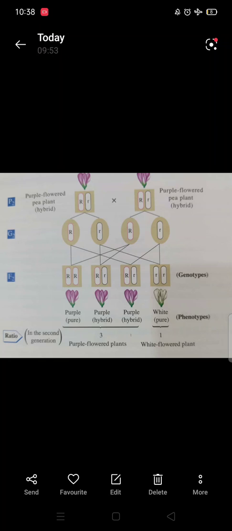Of course not. The 3 purple have the same phenotype, but for genotype we have R capital R capital and R capital R small, while the 3 are purple flower dominant and 1 white recessive.